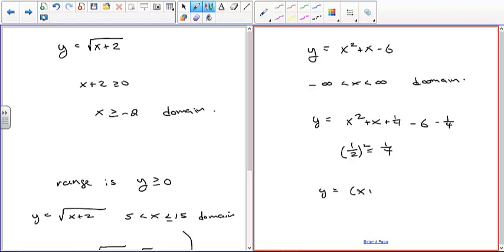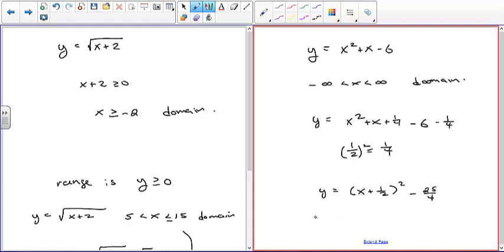So you have x plus 1/2 quantity squared. Here we have 6 minus a fourth, which is going to be negative 25 fourths. So take 4 times 6, that's 24. 24 fourths minus 1/4, negative 25 fourths. So negative 24 minus 1 is negative 25.